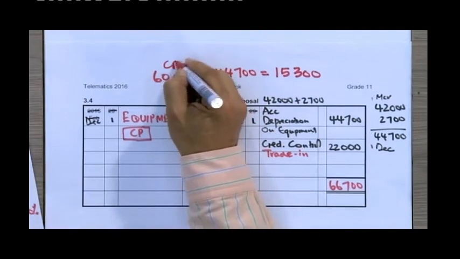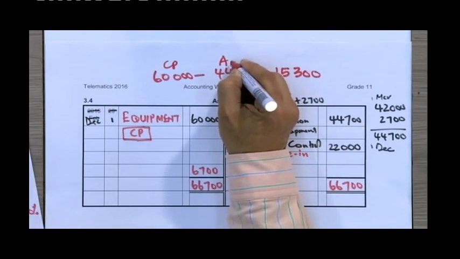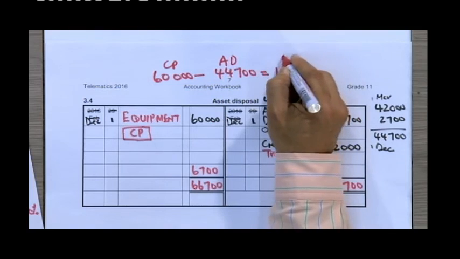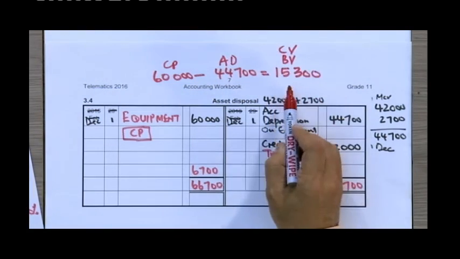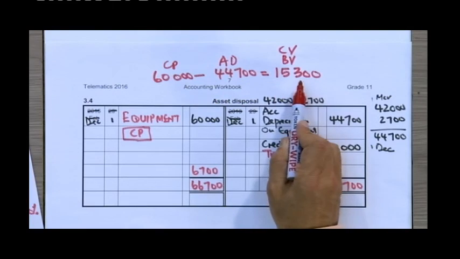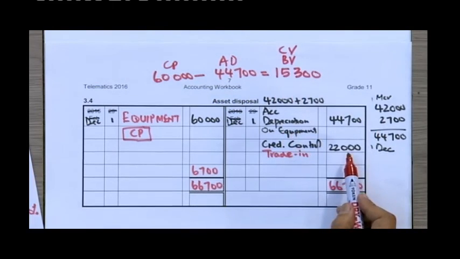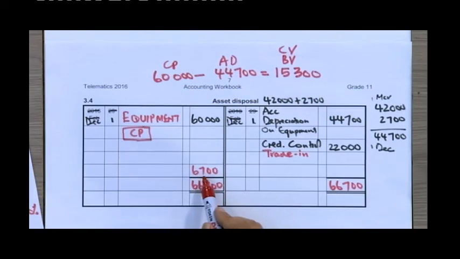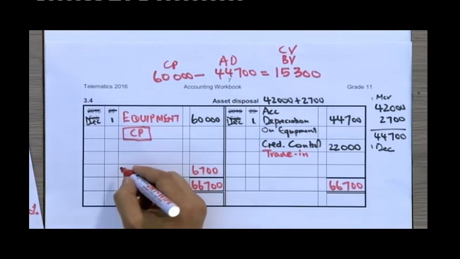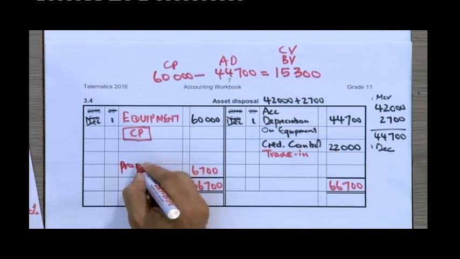So that's the cost price, that's the accumulated depreciation, and that will be the book value, also called carrying value. So the item is worth 15,300, and I traded it in for 22,000. I traded in for more than what it's worth.